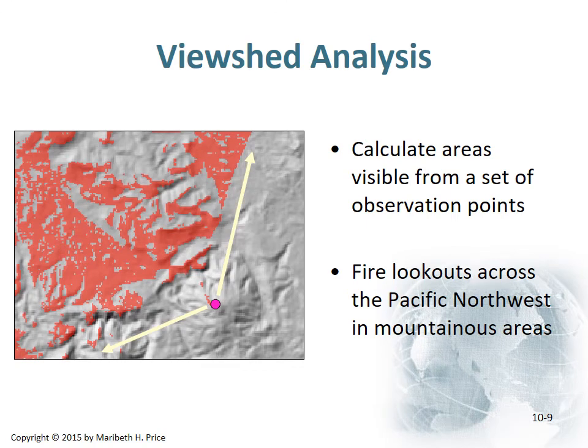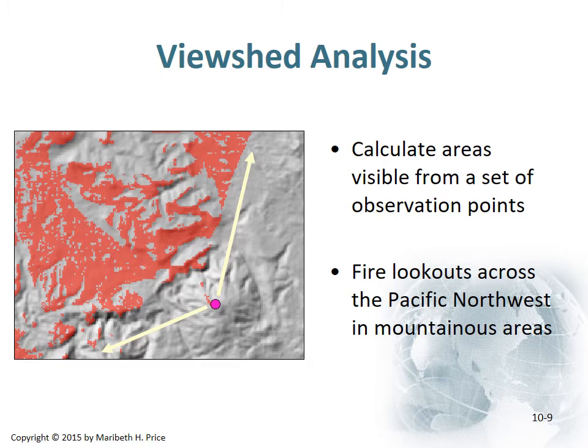Viewshed analysis is kind of an interesting thing. It still gets used today. The classic example of doing viewshed analysis would be back in the day before we had satellite imagery and a lot of planes and things like that flying across the nation, especially here in the Pacific Northwest.